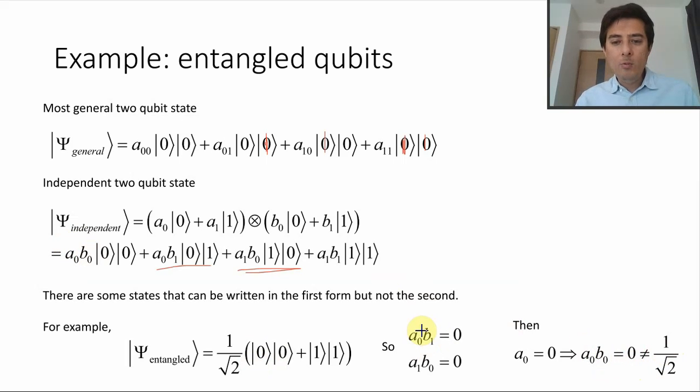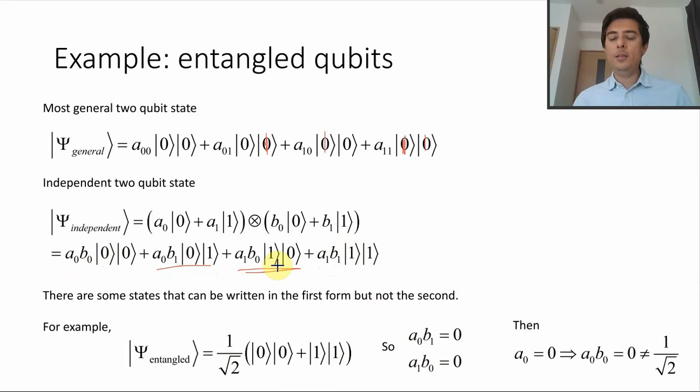Likewise, I can't set B1 to 0 because that would also make this term equal to 0. And then from this equation, I can't set A1 to 0 because that will make this 0, and I can't set B0 to 0 because that will make this term 0. So there's basically no way of choosing these coefficients such as to write it in this form.